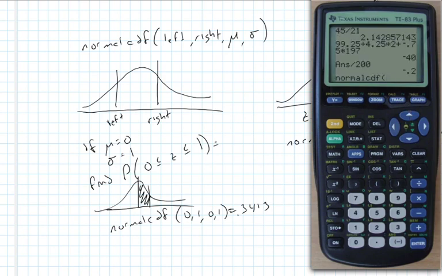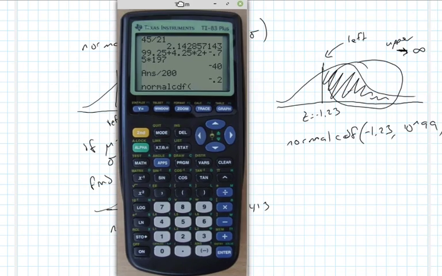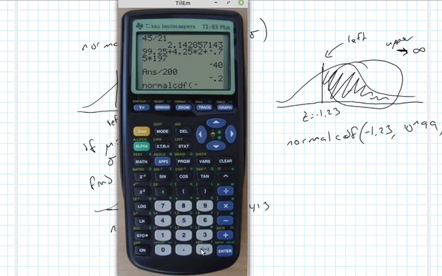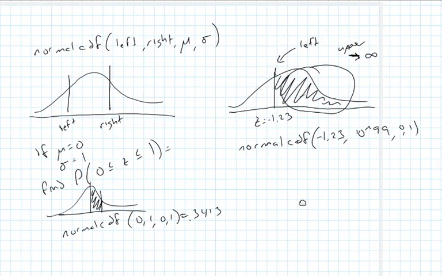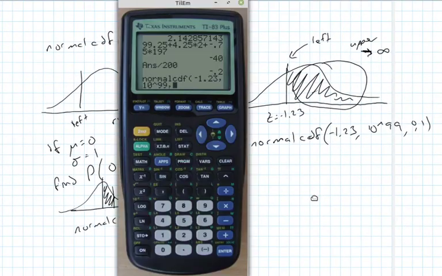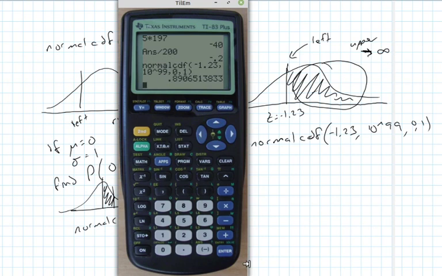Normal CDF, we're doing negative 1.23 as the left bound, 10 to the 99th, so I'm going to do an exponent by doing this button right here, 10 to the 99th, comma, oh, you can't even see, I was doing 0 and 1 there, 0, 1, hit enter, and we get 0.8906.